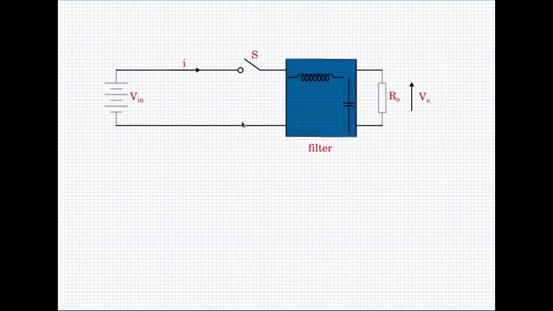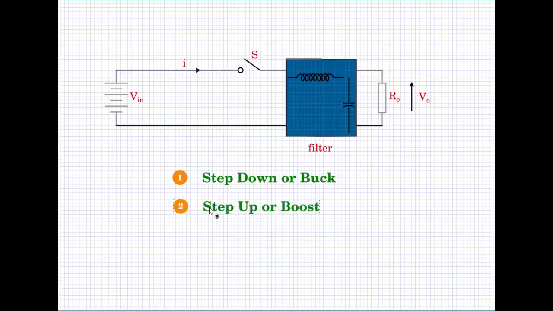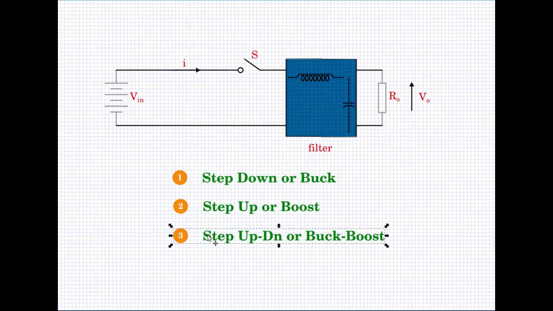In the primary topology itself, there are three possibilities. One is a step down converter or a buck converter. Another is a step up converter or a boost converter. Yet another is a step up down or buck boost converter.